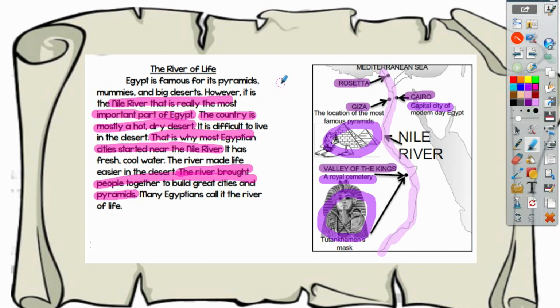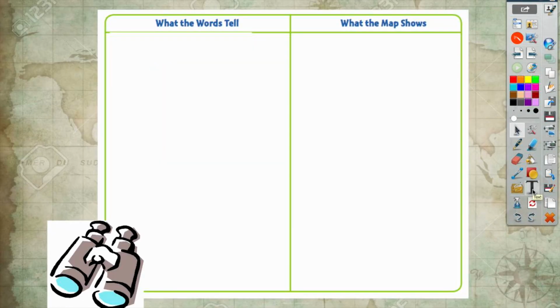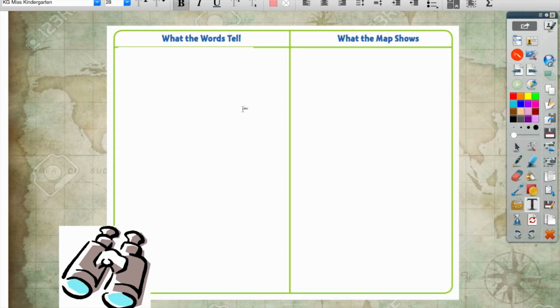Okay, now that we've pointed out all these great details, let's go to our chart and fill it out. Let's start with the words section of our chart. Some different things that I want to include is that the Nile River is the most important part of Egypt. In addition to this, I want to point out that Egypt is mostly desert.